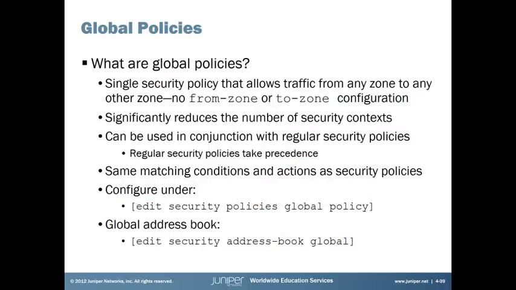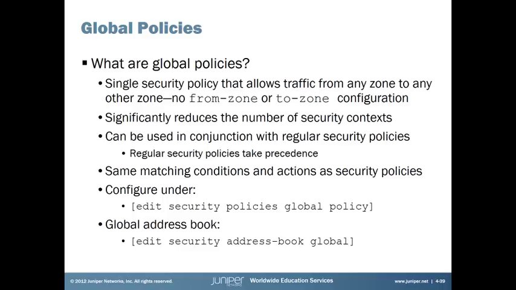All right, global policies are a policy where you don't have to say from a zone to a zone. This may be a policy that applies across multiple zones. So where there may be a number of different zones involved in a particular policy, we can just say that traffic is allowed from this source address to that destination address.